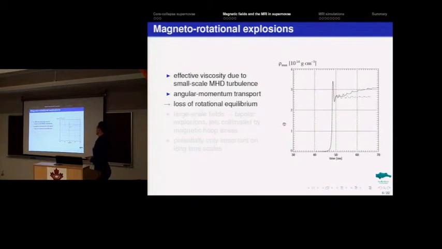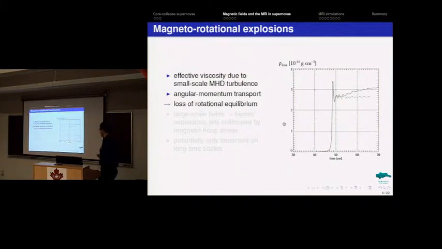done by large-scale fields. In any case, if you have angular momentum transport from the inner core of a rapidly rotating proto-neutron star, you lose centrifugal support, and the previous core, roughly in rotational equilibrium, has to contract, which we have seen in very simplified simulations of magneto-rotational collapse.